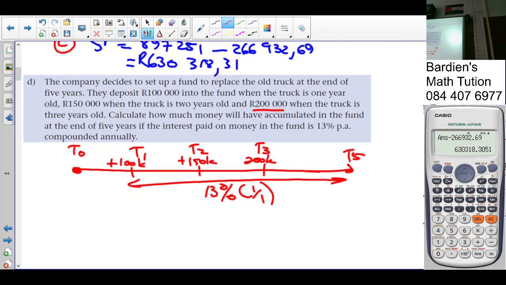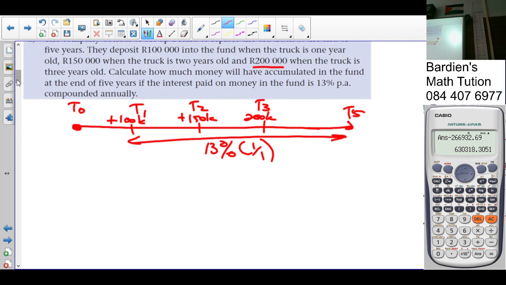Okay. So what I'm going to do is, I'm going to consider the 100,000 for how many years? 4 years. That's why I just take it to the end all the time. So a total, it's going to be 100,000 into 1 plus 0.13 to the exponent 4. So now I'm going to take the 150,000 in consideration.